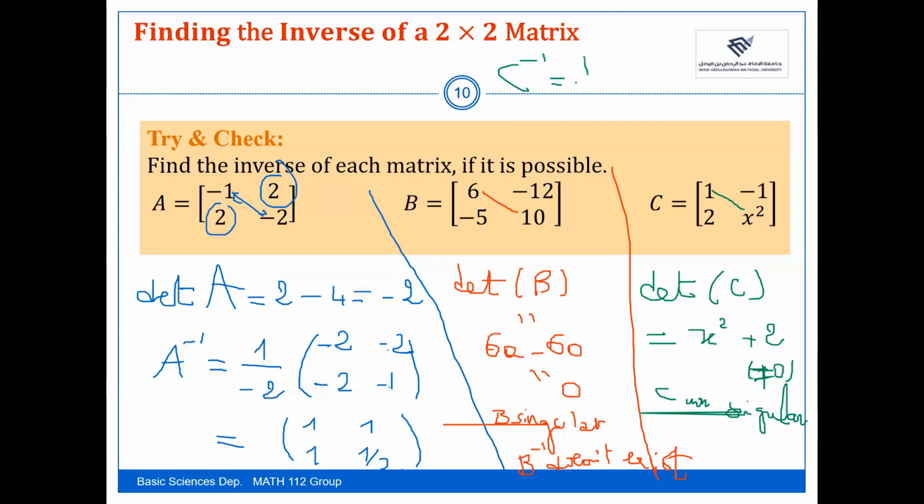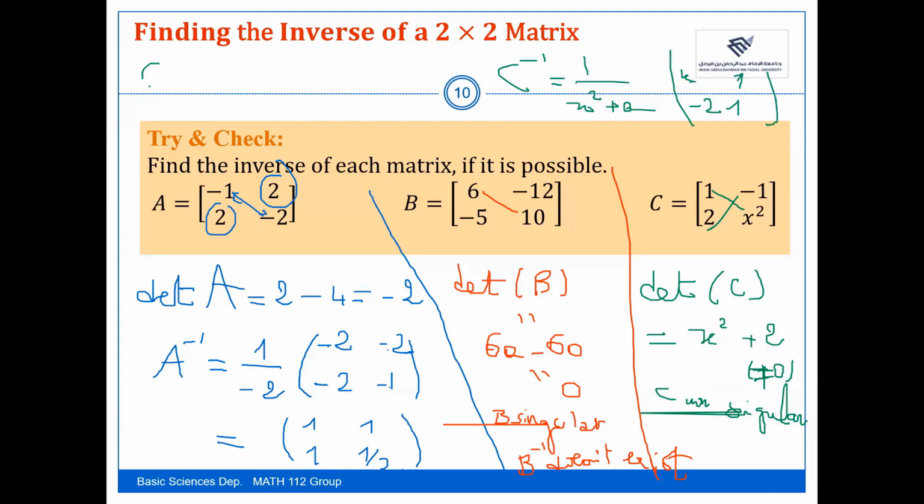So it will be 1 over the determinant, 1 over x squared plus 2, times here you change position x1, here you change signs 1 minus 2.